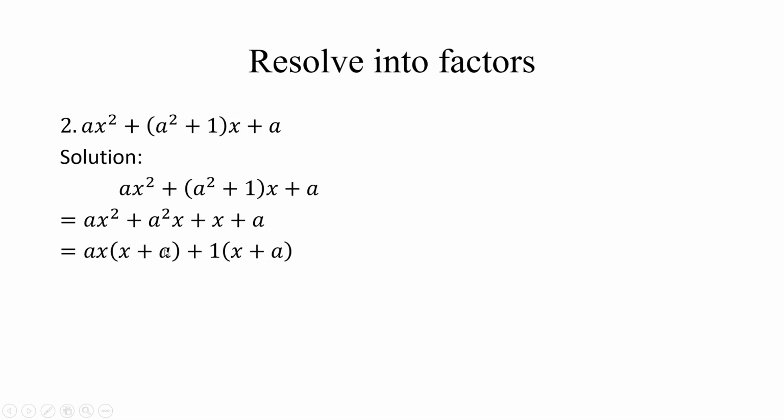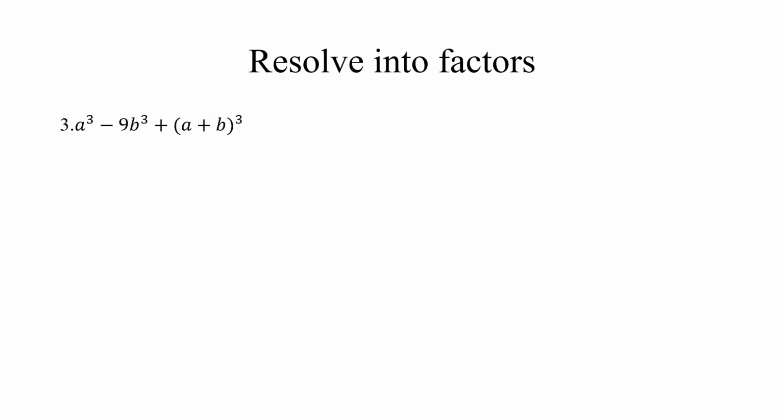Now in this first part and this second part, x + a is common, so take x + a as common, you will get (x + a)(ax + 1), and it is our required answer.